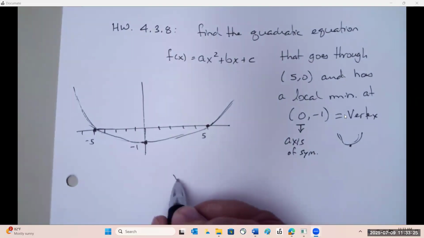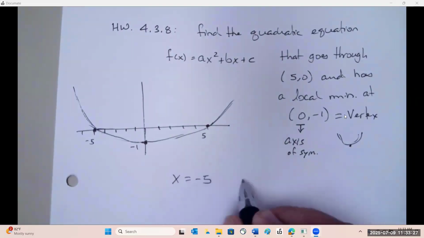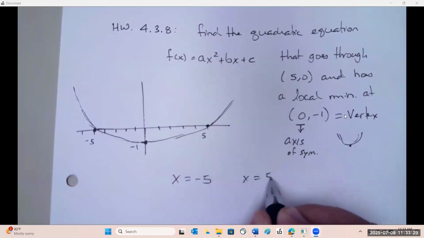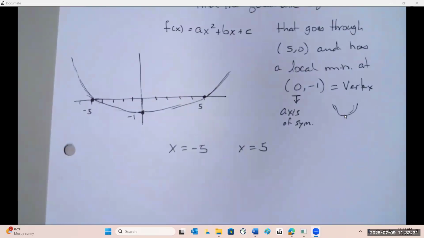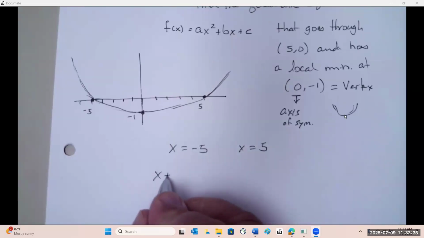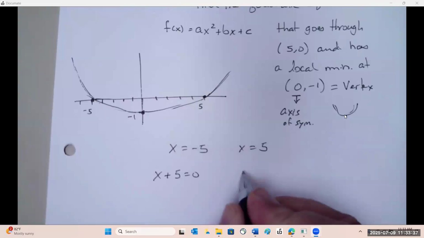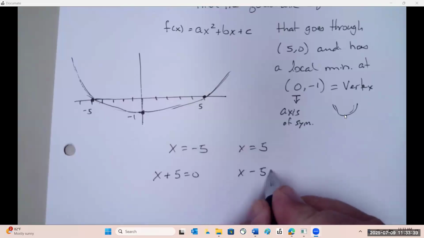So we have our x-intercepts at -5 and at 5. Set those equal to 0.